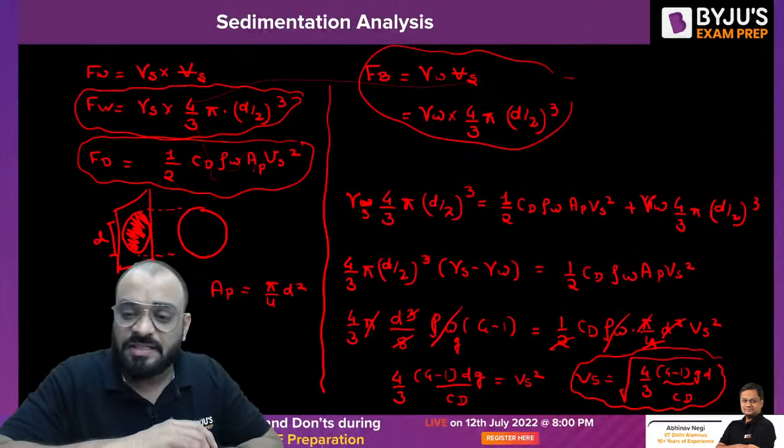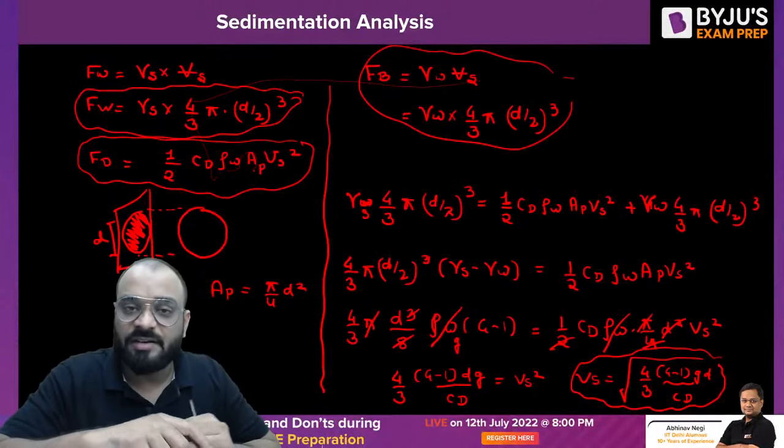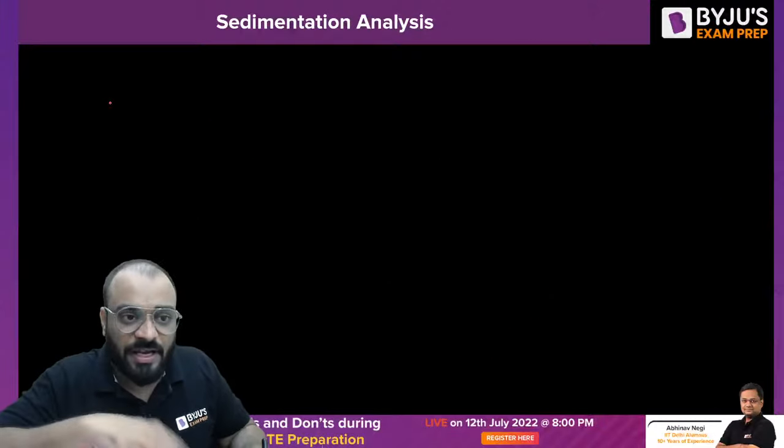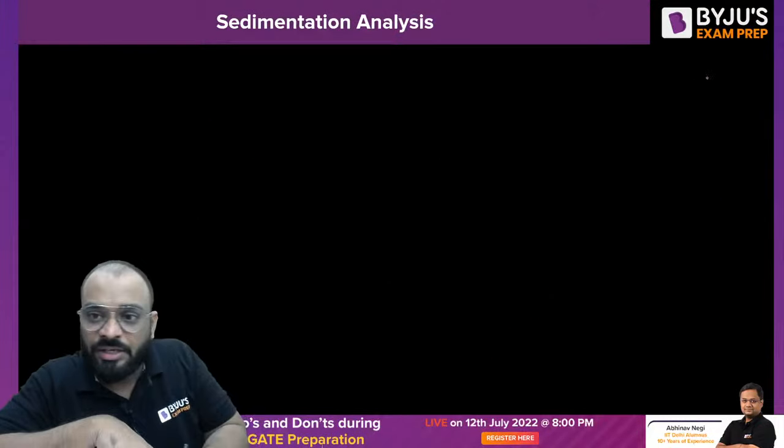So if you change the size of particle, then definitely the settling velocity formula will also get changed. So let's understand what is that. So guys, it is very simple. You need to draw one table.